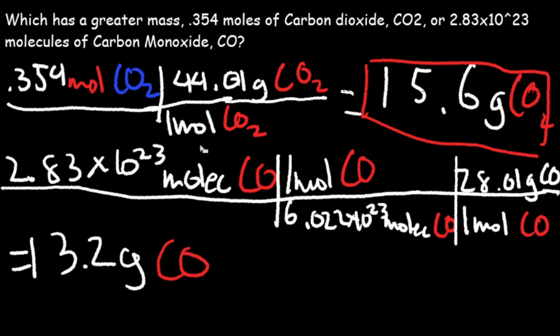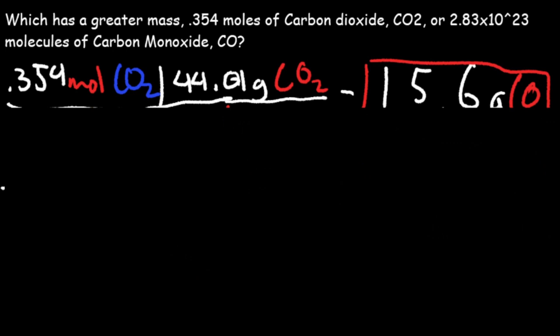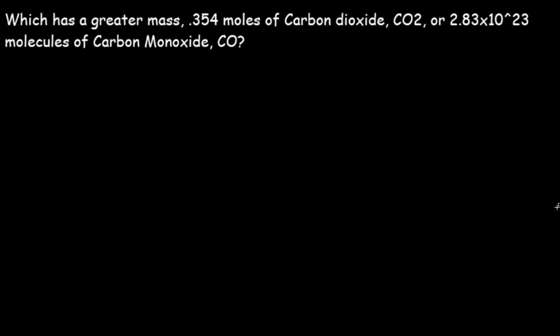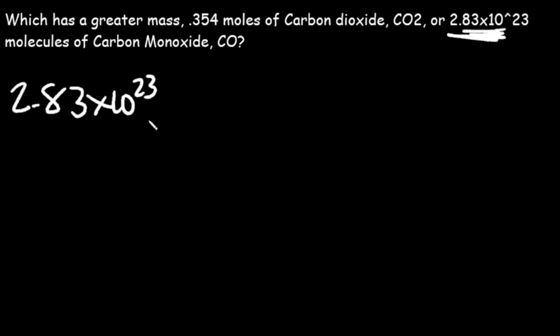There's something that I want to show you guys. We have the number of molecules that this carbon monoxide has, 2.83 times 10 to the 23rd molecules of carbon monoxide.